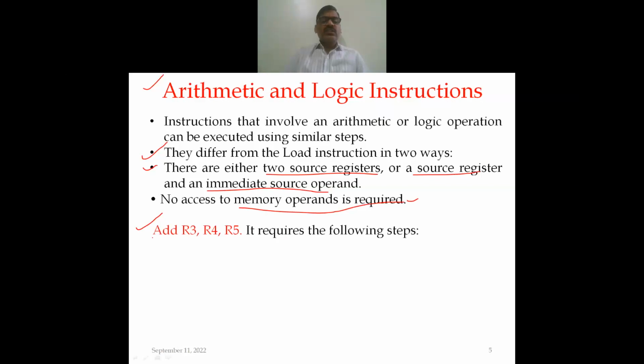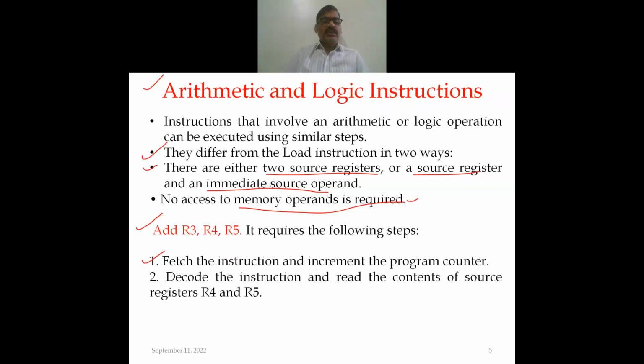In order to execute this instruction, the execution will follow these steps, because add is an arithmetic instruction. The first step is to fetch the instruction and increment the program counter as usual, as with the load instruction we saw in the previous example.